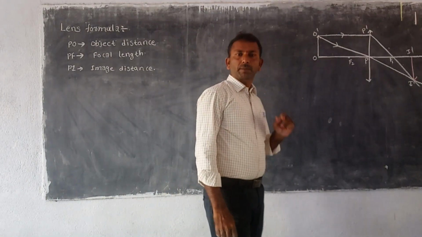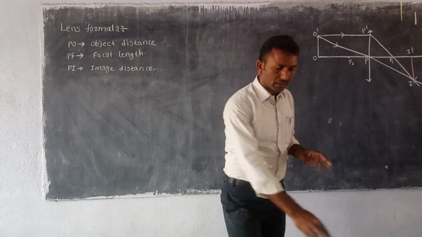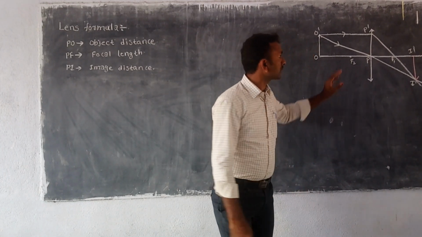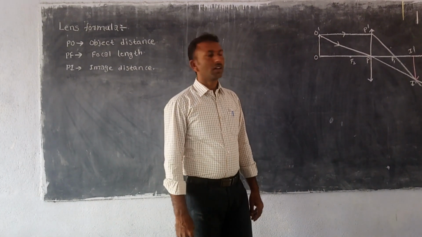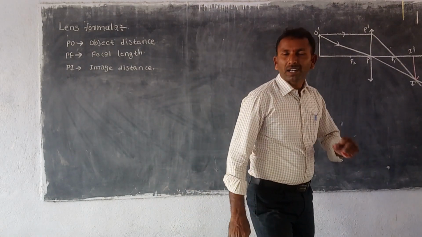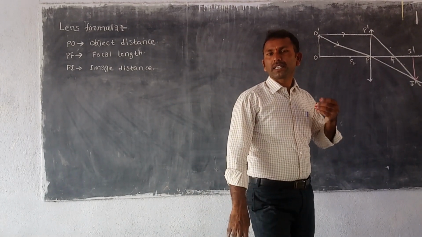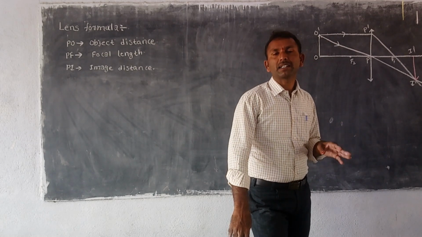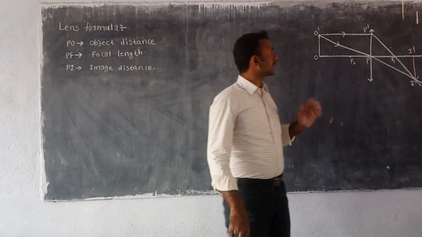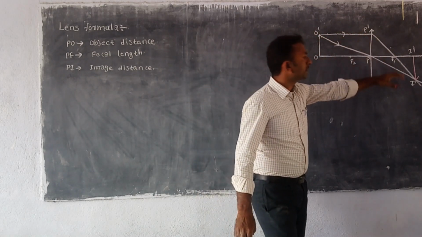From the figure we can observe one thing. Here we have some similar triangles. We have already done the derivation of the curved surface formula and mirror formula in previous classes, and in the same way here we have similar triangles.